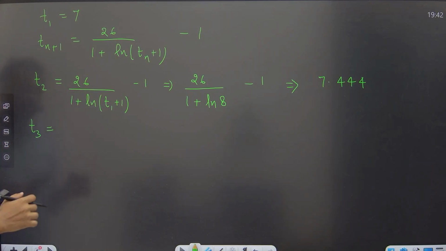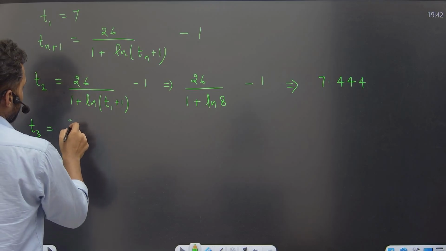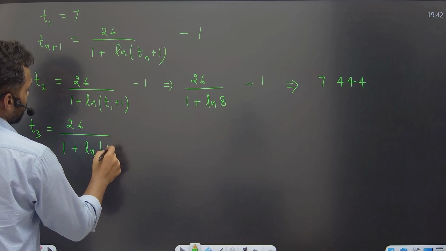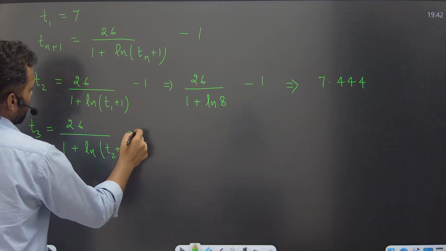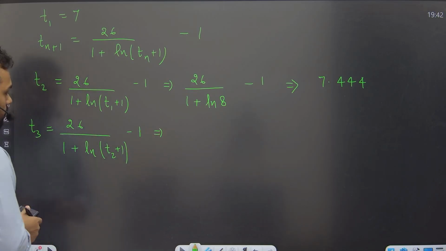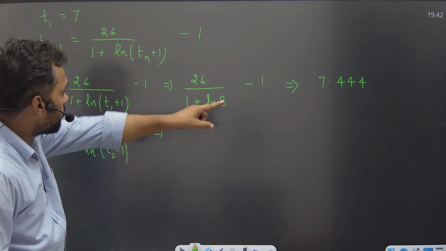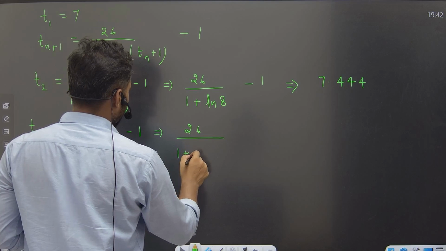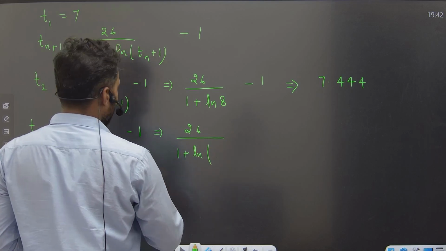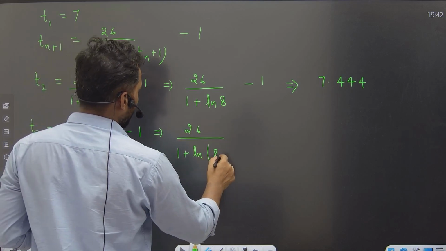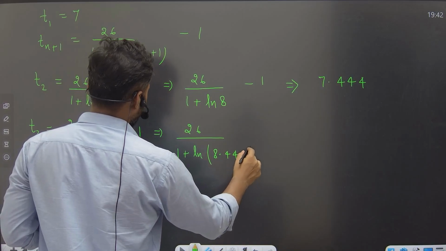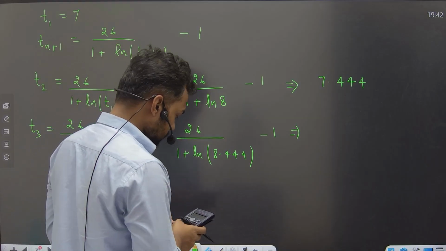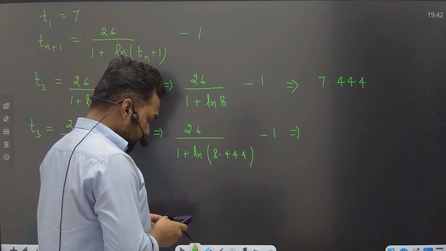So we'll get 26 upon (1 plus log of (T2 plus 1)) negative of 1. On calculating it further, keep this T2 value from there to here, so you'll get 26 upon (1 plus log of (T2 plus 1)). T2 is 7.44 plus 1, that is 8.444, negative of 1, that will be equal to, so we need to calculate it here, students.